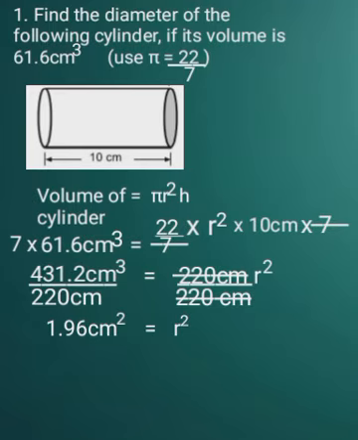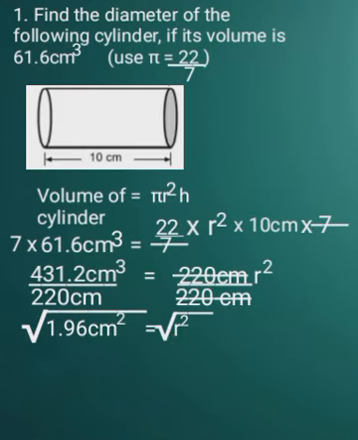1.96 is equal to r squared. So here you can put under root sign so as to remove the square, so you can remain with the r. So this r, once you put under root, you will remain with the r here.